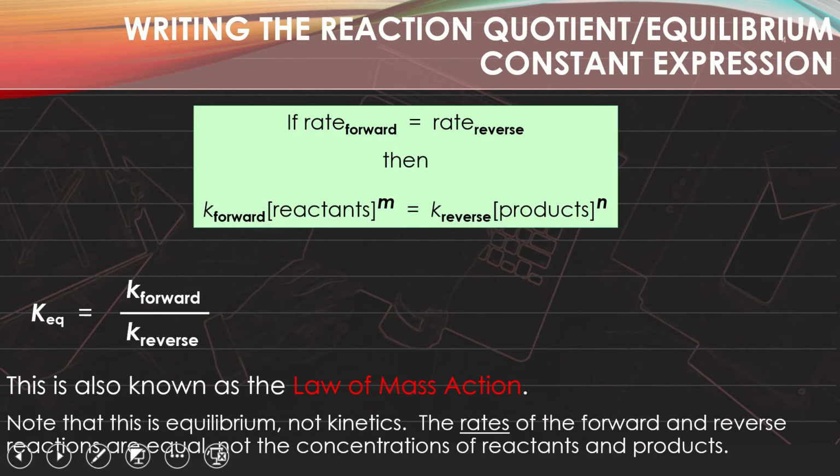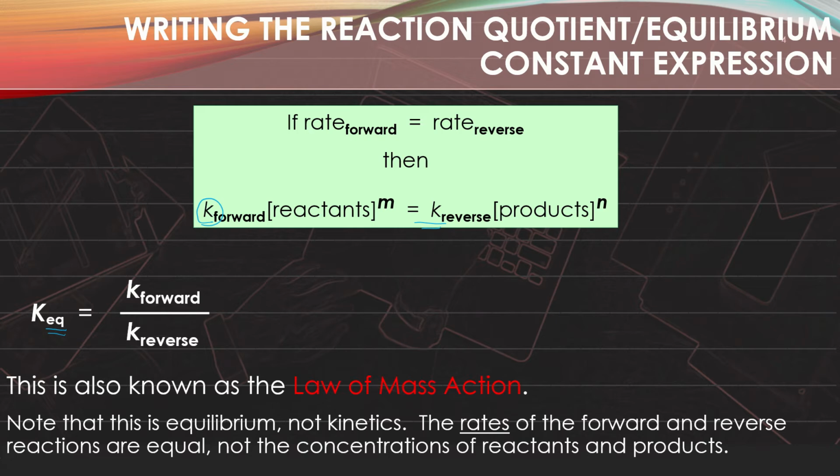So, if the rate of the forward reaction is equal to the rate of the reverse reaction, then we can say that the reaction rate constant, which is the K, or sometimes it is referred to as the reaction rate coefficient of a forward reaction, is equal to the reaction rate constant. Again, it is the K, or sometimes it is referred to as the reaction rate coefficient of the reverse reaction or the products.